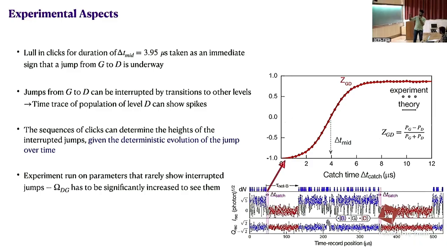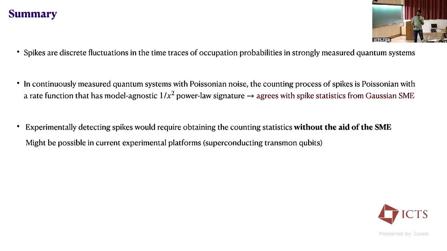The knowledge of this path combined with the times at which the click occurs will enable you to know at what particular heights the jump is getting interrupted, and you can essentially obtain experimentally the distribution of these heights. So this is our experimental proposal, and I'll just leave it at the summary slide. Thank you so much.